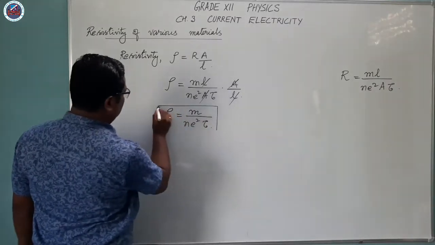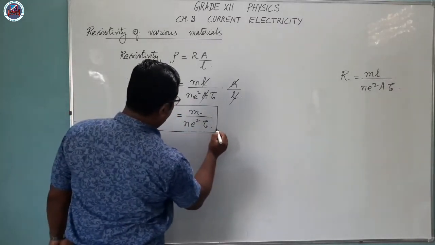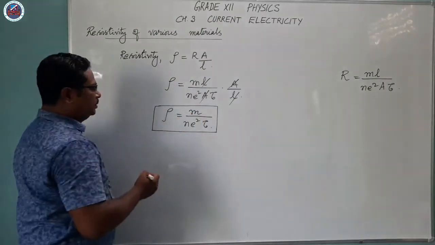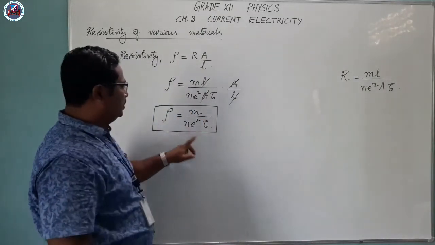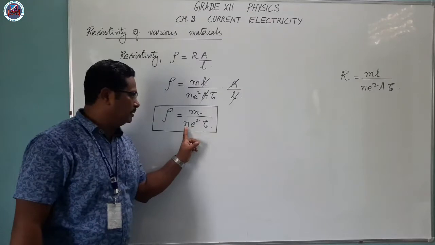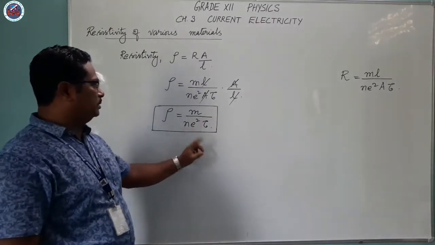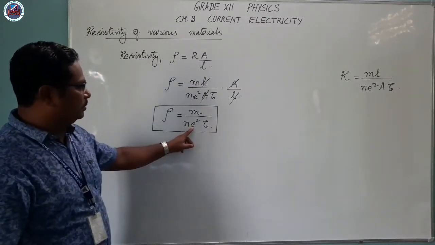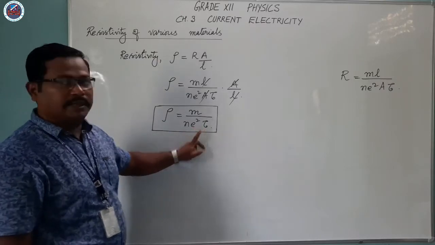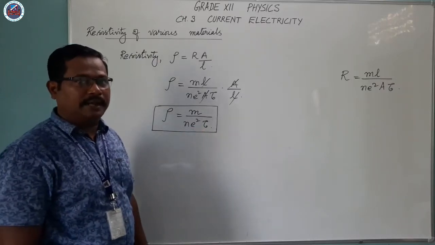The letters are familiar to you, I think. M is the mass of electron, n is the number of electrons per unit volume, or we call it the number density of free electrons. E is the charge of each electron, tau the average relaxation time.